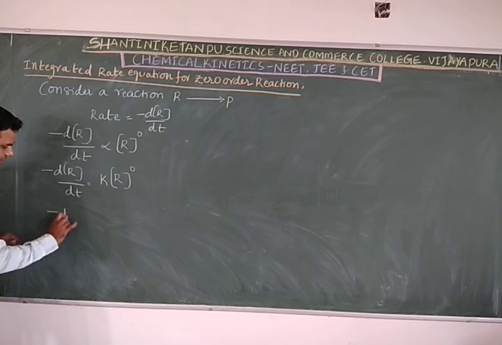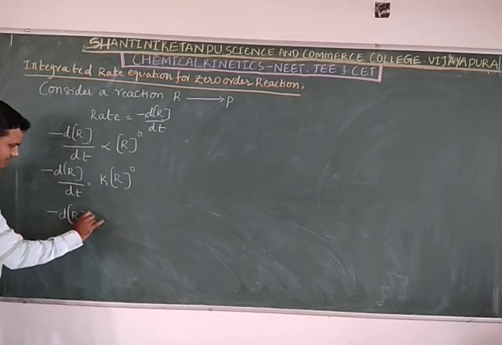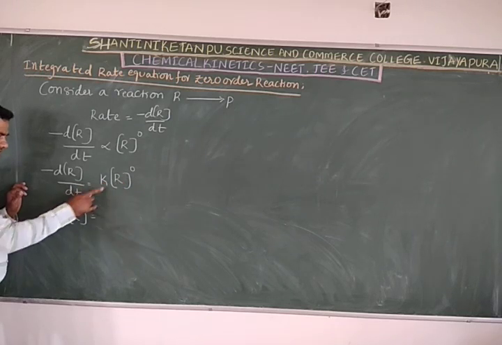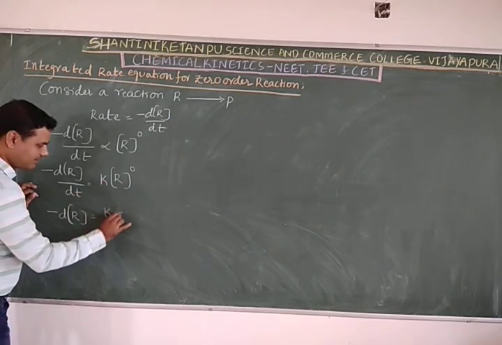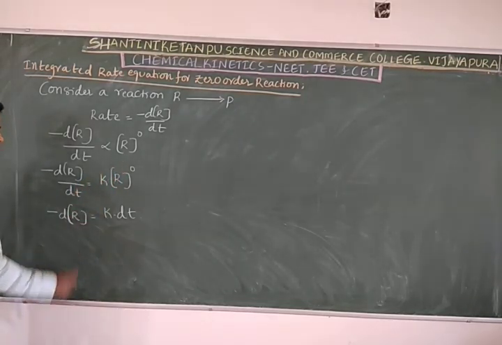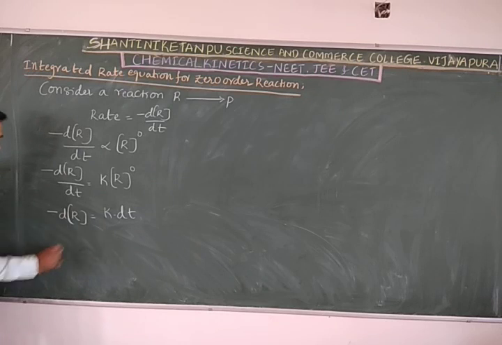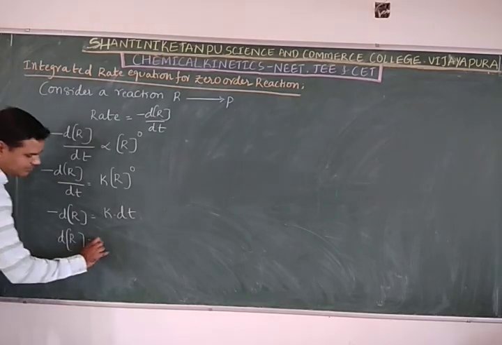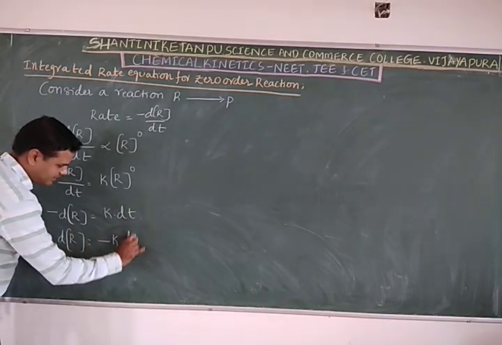Therefore, minus dR is equal to k into dt, because R to the power 0 is 1. Now I am rearranging this equation. Multiplying both sides by minus, minus into minus becomes plus, therefore dR is equal to minus k into dt.